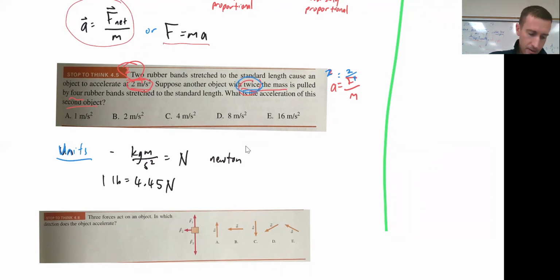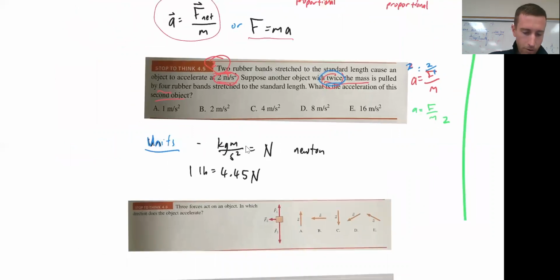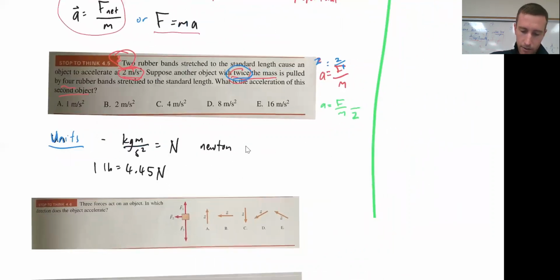Okay, so my next object over here, I'm going to still do acceleration equals force over mass, twice the mass, so that one was twice as much, is pulled by 4 rubber bands, over 4 rubber bands, so the force was 4, and the question was, what is my acceleration? Well, 2 over 1 gave me 2, 4 over 2 is the same ratio, so that should also give me 2.